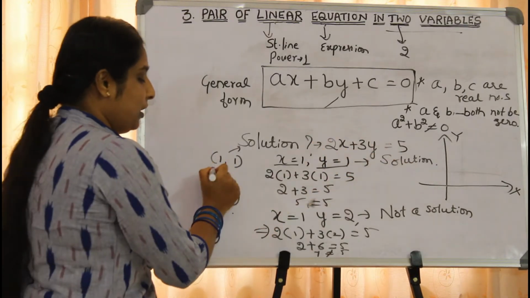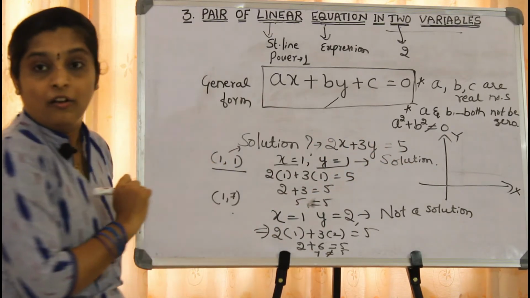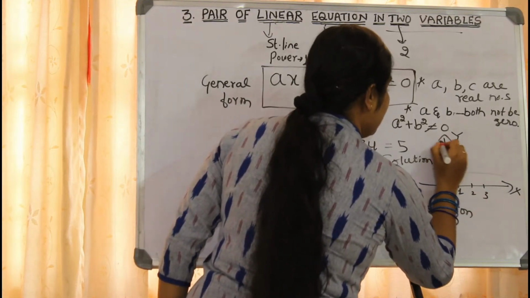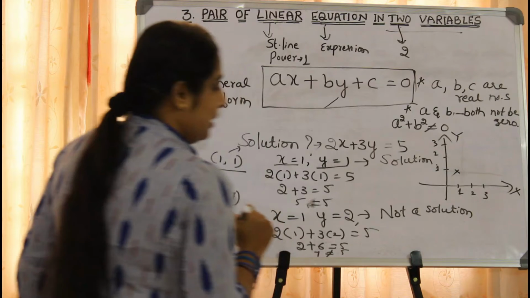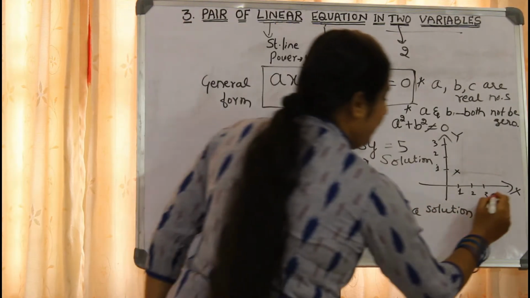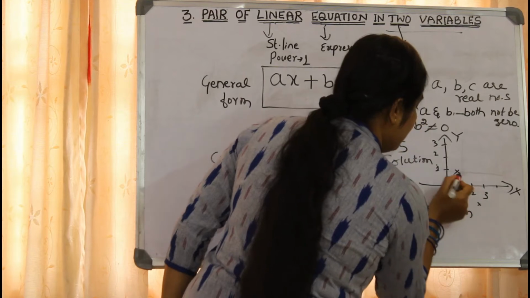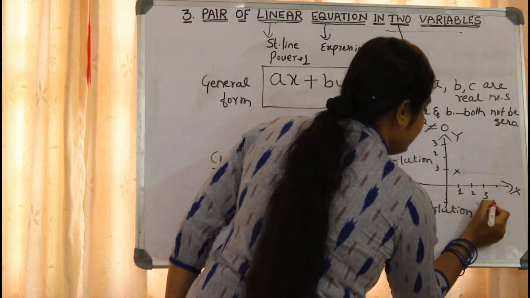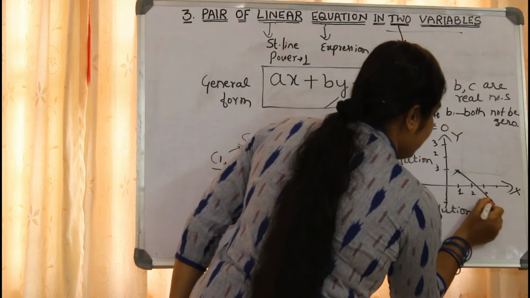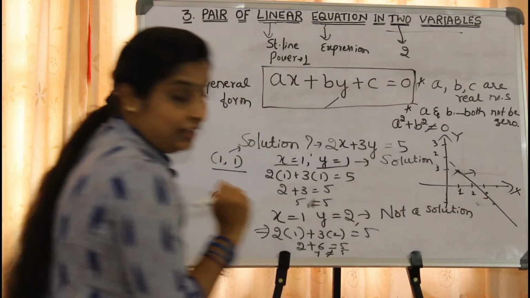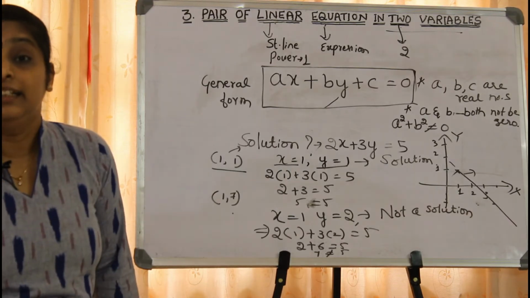We have already got one solution, which is (1, 1). So the first point I will get here. The second point, if I find out, I get somewhere here. So the graph will be something like this, which represents, as I told you, a straight line.